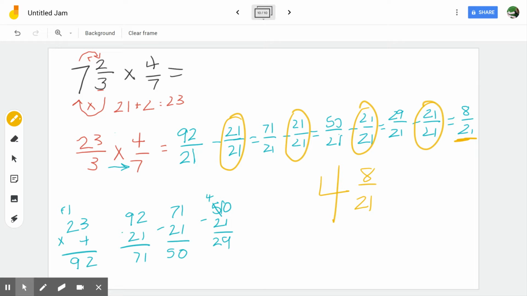I want to do 1 more with you like this, and then I'm going to show you 2 more in a way that you can do it a little bit quicker, okay? I wanted to show both ways because some people see it differently, and I want to make sure to get everybody there. So the answer to 7 2/3 times 4/7 is 4 8/21.